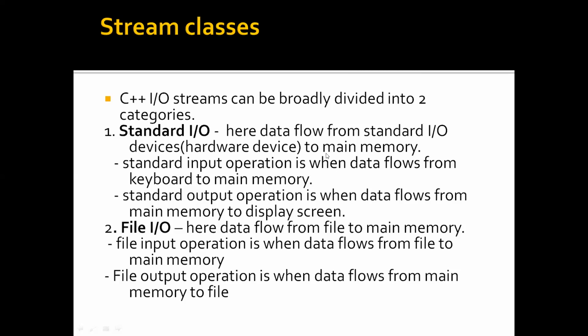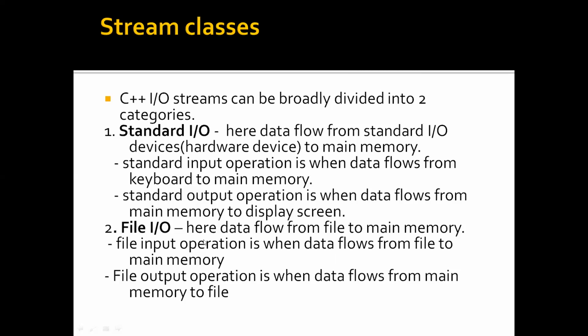The second stream we have is file IO. Here the data flows from a file to main memory, whereas in standard IO, devices flow to main memory. Here we also have input operation and output operation.